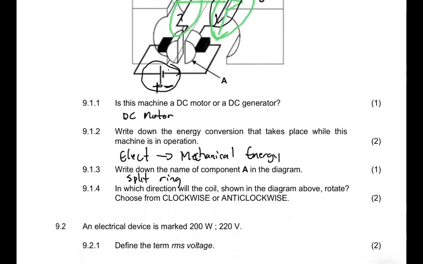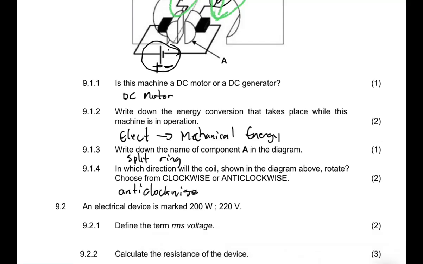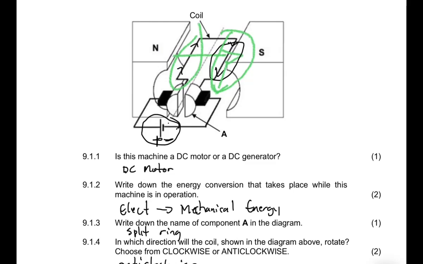So we have an anti-clockwise rotation. So the answer to 9.1.4 is anti-clockwise. The mistake most people make is that they always want to use the right hand rule, even if they're given a motor. When you're given a motor, you have to use the left hand rule.